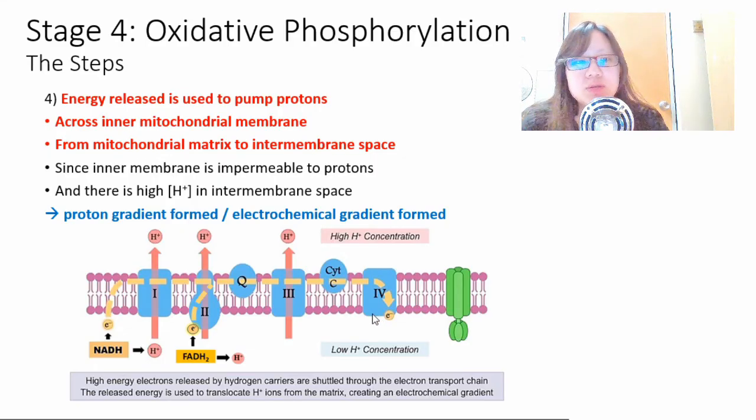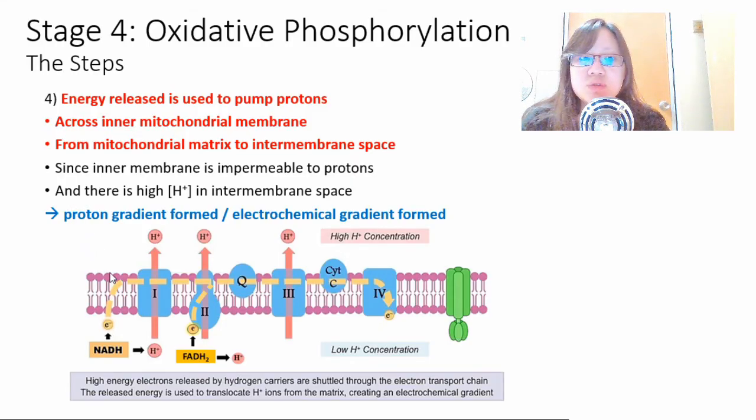Okay, so again, NADH and FADH2 get dehydrogenated. Hydrogen atoms are removed, and each hydrogen atom becomes H+ and an electron.